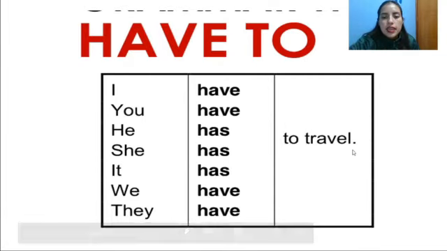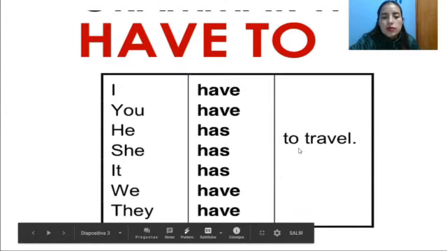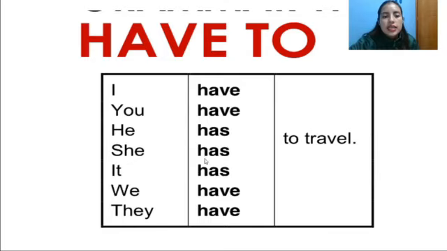Ellos tienen que trabajar. We have to. Nosotros tenemos que trabajar. She has to. In this case, she has to travel. Ella tiene que trabajar. Ok. He has to travel. Él tiene que trabajar. Remember, you use have to or has to para obligaciones. Algo que usted tiene que hacer.